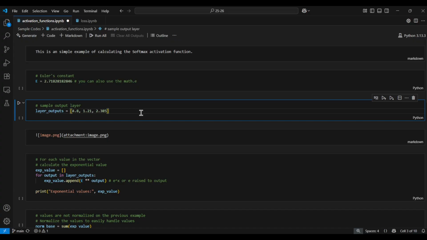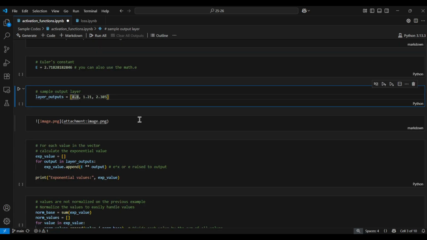Here we are given an example. Let's say we have 3 hidden layers, or 3 output nodes in this case, which have their weighted values individually: 4.8, 1.21, and 2.385.